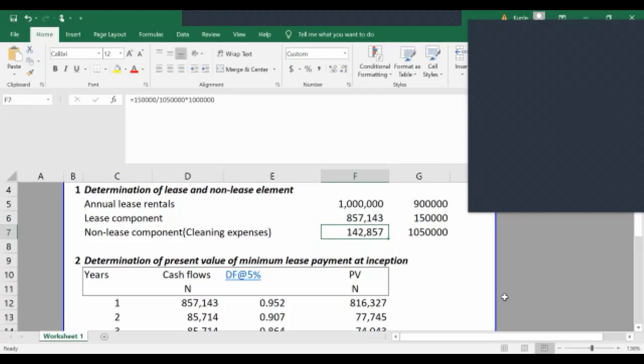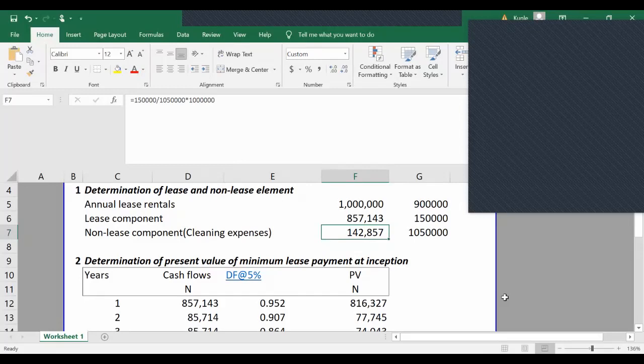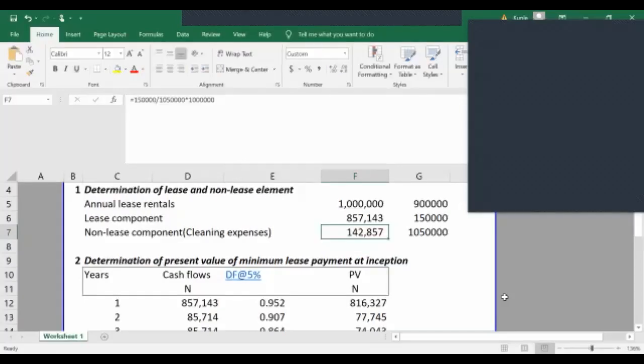So in accounting for this, each time we make the payment of 1 million naira, we will debit cleaning and other maintenance costs with 142,857, and we will credit our bank as the case may be, right? And if it is accrued, we will credit payables.